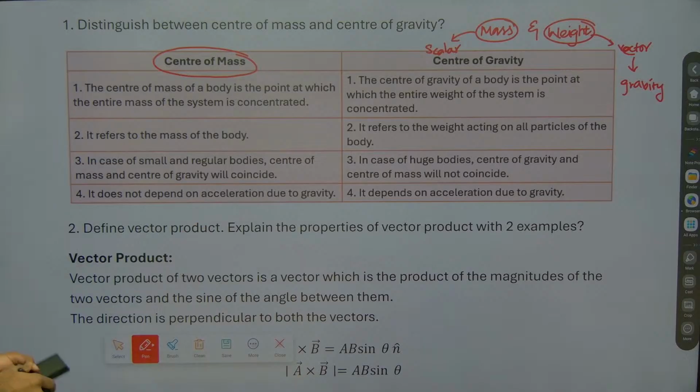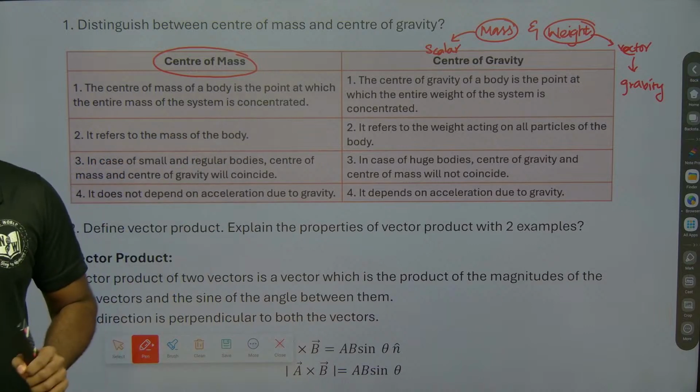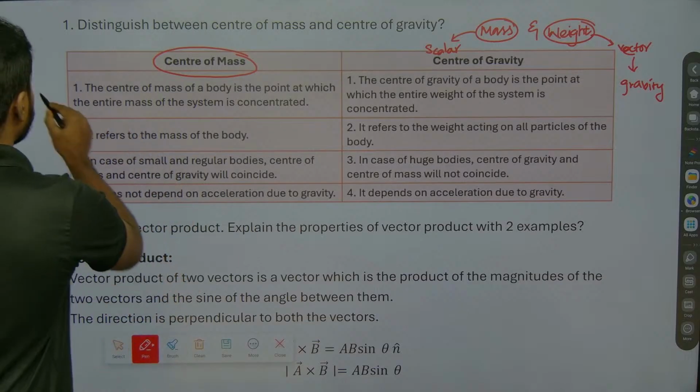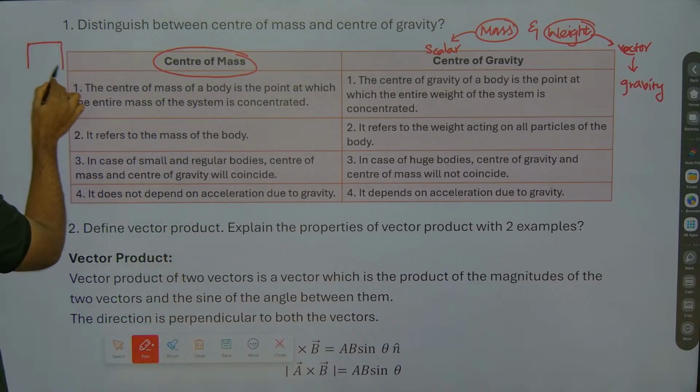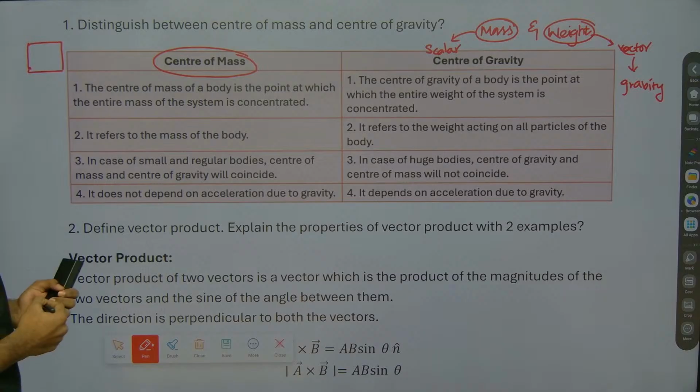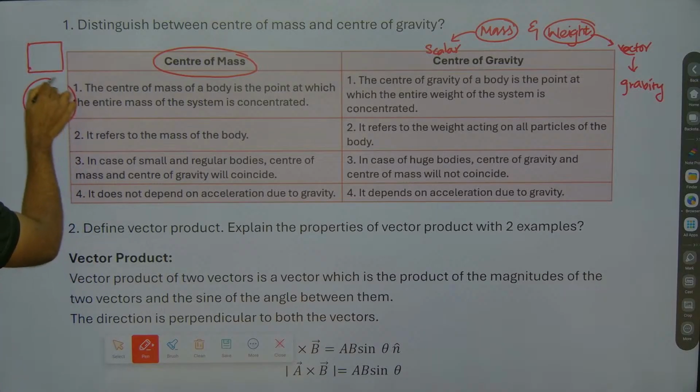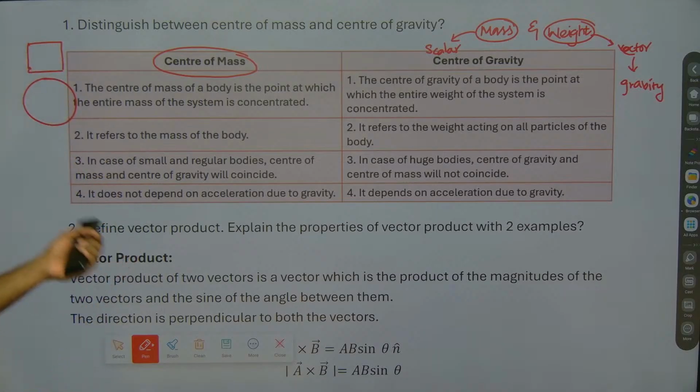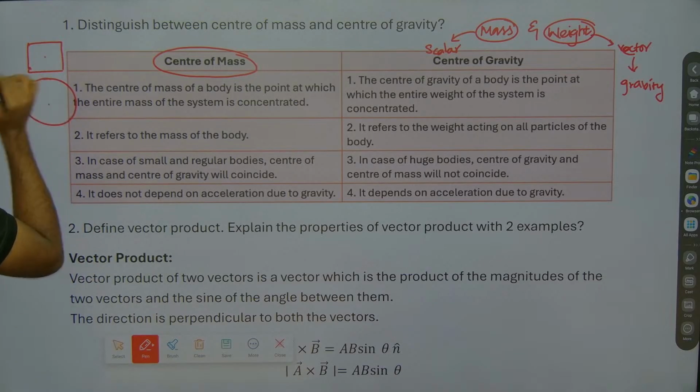So the first point we need to write is, center of mass of a body is the point at which the entire mass of a system is concentrated. If I talk about a cube, a square plate or a circular plate, the center of mass of these bodies will be exactly at the center.